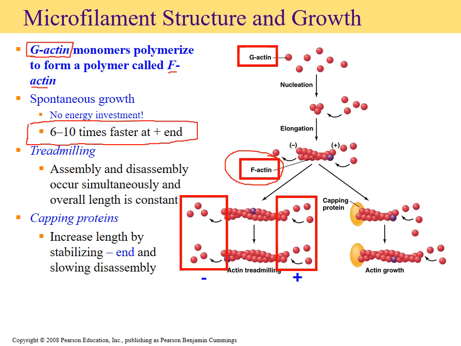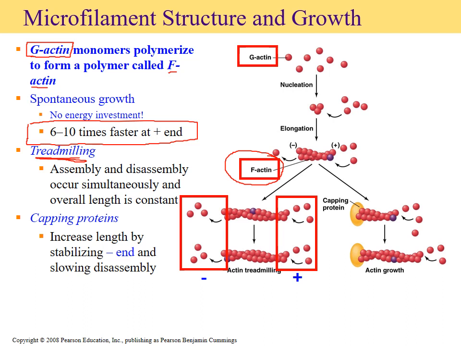There are also some key terms that I want to point out over here that can be applied to both microfilaments and microtubules. One of them is treadmilling. Now, when you walk on a treadmill, you're basically walking without going anywhere. So treadmilling indicates that you have growth and disassembly happening on either ends of the microfilament, and in microtubules as well, but you're not changing the overall length of the filament.